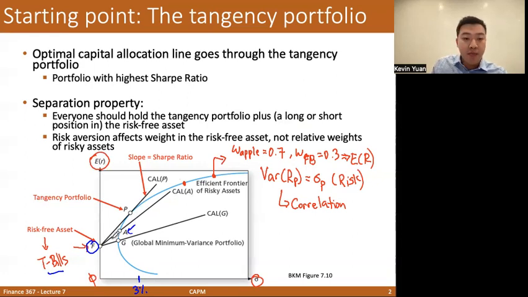So in other words, let's pick a midpoint right here. What I'm saying is I want 50% of my assets in the risk-free asset, and 50% of my assets in this risky asset, which of course already comprises its own weights.